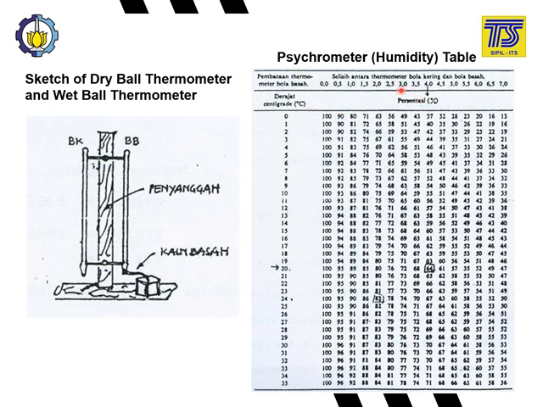You can see the percentage of the humidity based on the gap between the dry bulb thermometer and the wet bulb thermometer. We read the wet bulb thermometer and the dry bulb thermometer, see the gap between these two thermometers in degrees centigrade, and after that we can get the percentage of humidity.